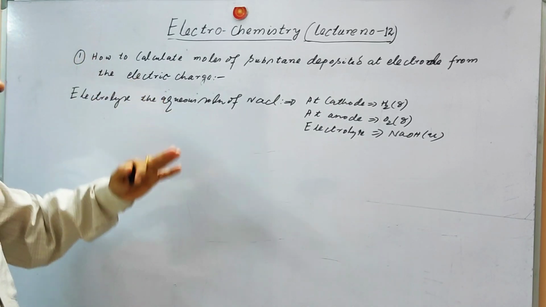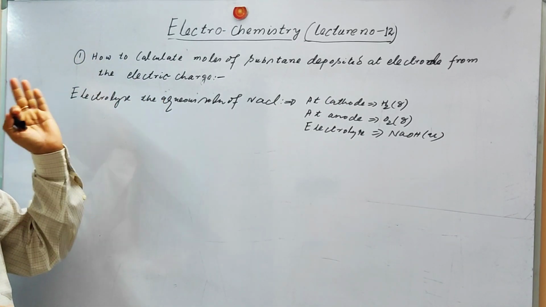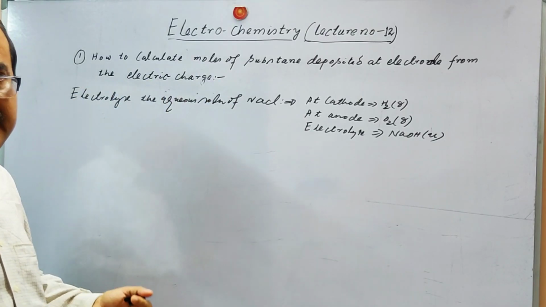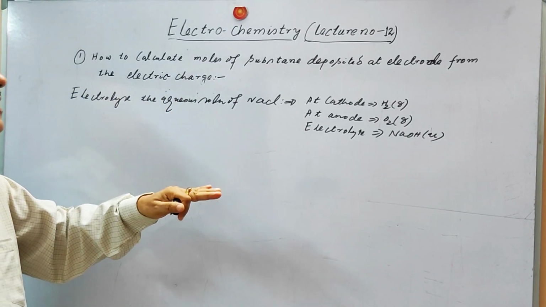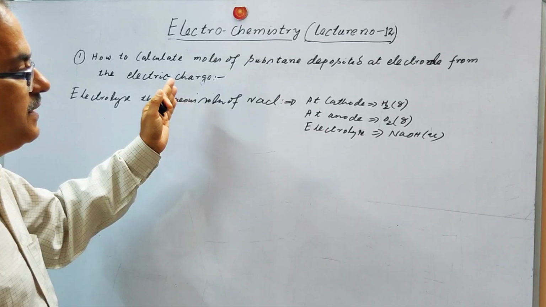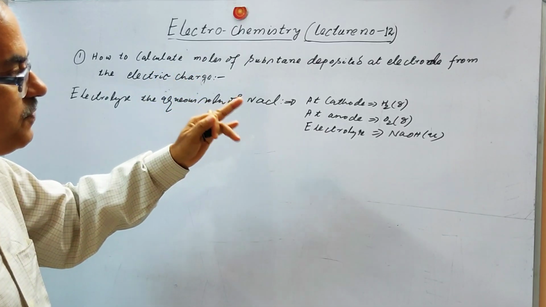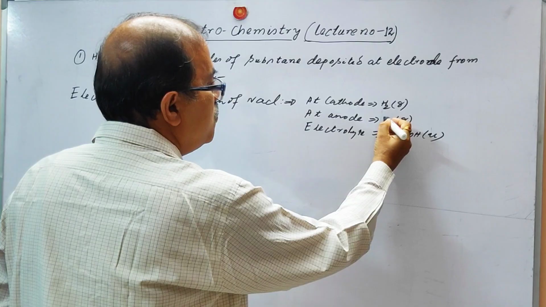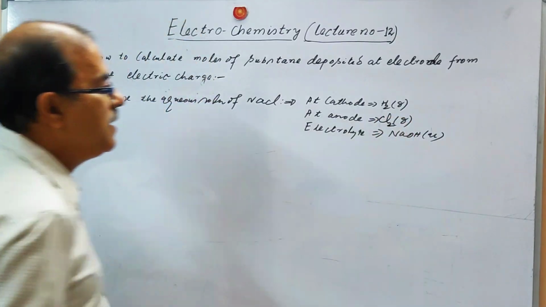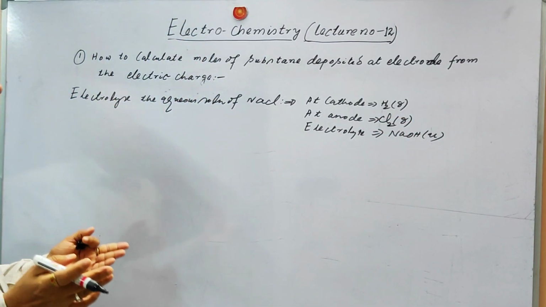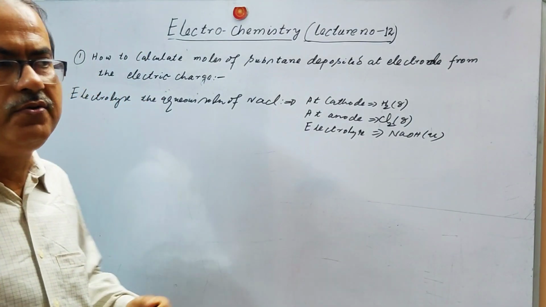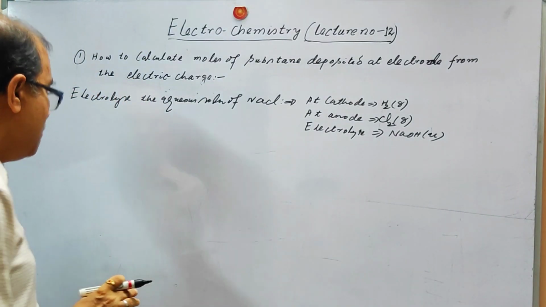When we electrolyze molten NaCl, at the cathode we find Na and at the anode chlorine. Here at the cathode we find hydrogen, at the anode chlorine gas, and the electrolyte will be found with NaOH. How does it happen?